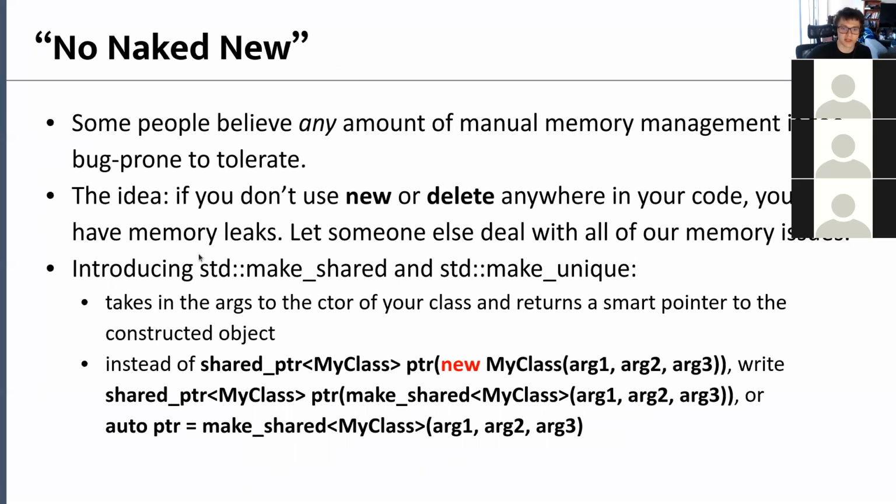And this is the brief explanation of make_shared and make_unique. Instead of using naked news for the argument to a shared pointer constructor, what you can do is construct a pointer from this make_shared function call, which is also annoyingly templated, but you just need to give it the arguments to the constructor, and it will create the shared pointer for you.